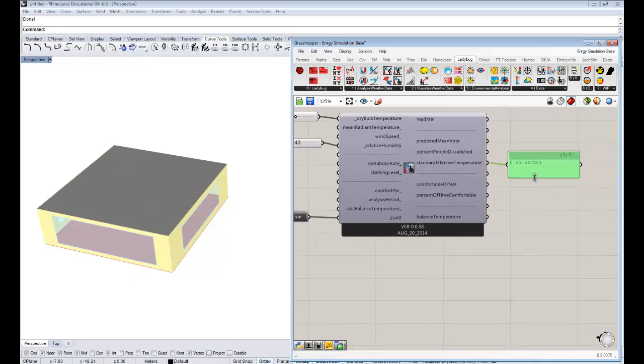So the interesting thing that made this predicted mean vote model really powerful in its time, when it first came out several decades ago, and that the air conditioning industry and HVAC engineers really like, is that it's been correlated to a predicted mean vote.